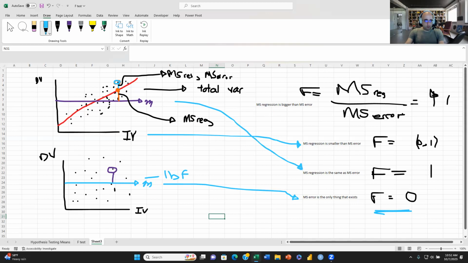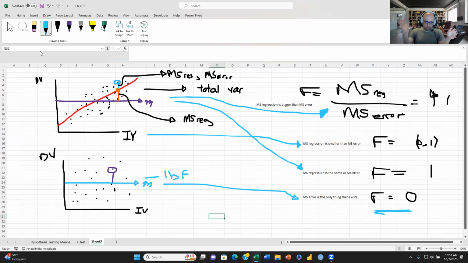And in the case where your data is actually predicting something, it's actually useful. You can actually use it for prediction. Your line of best fit is going to have more variance underneath it than your error.